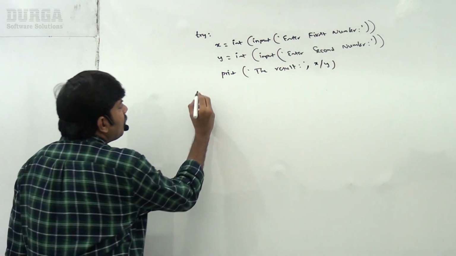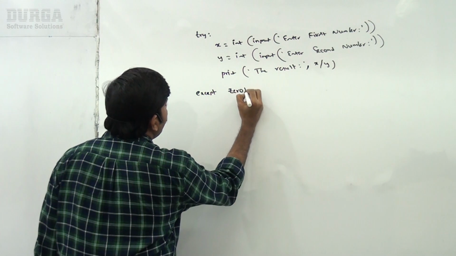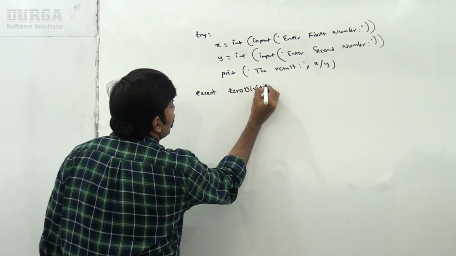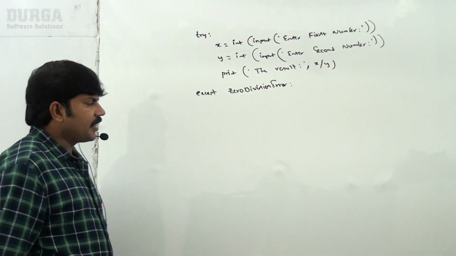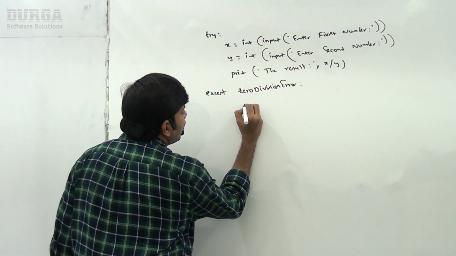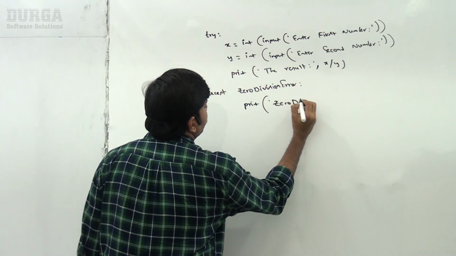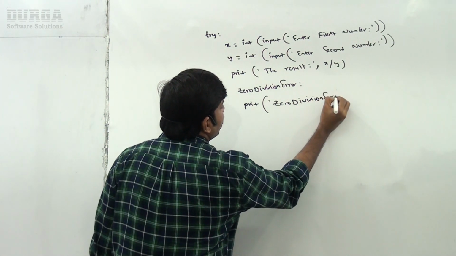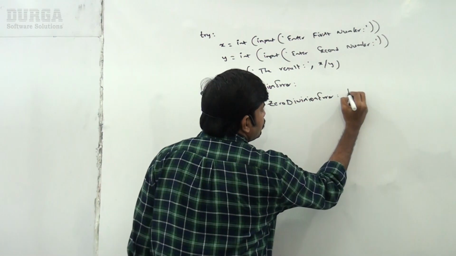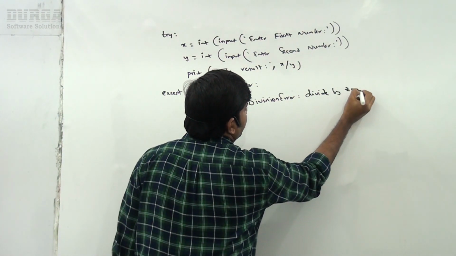Now I'm taking except ZeroDivisionError: print("ZeroDivisionError: divide by zero"). That's all.